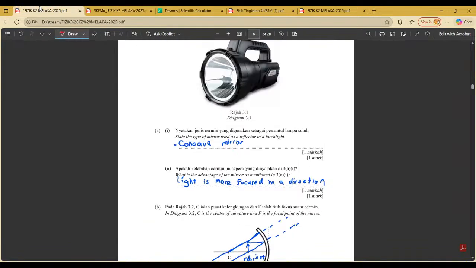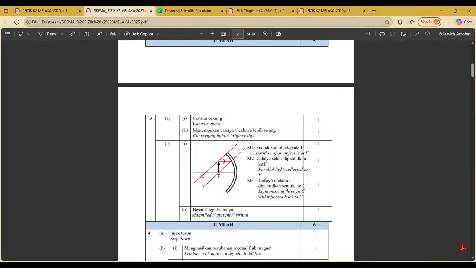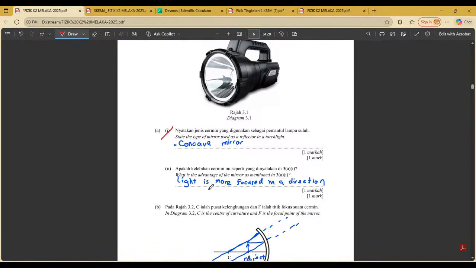Concave mirror. Converging the light, brighter light. Light is more focused, light converging. Light is more focused. I won't give it to myself. Converges.